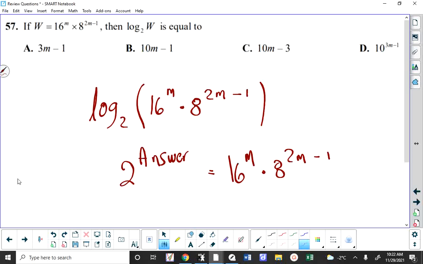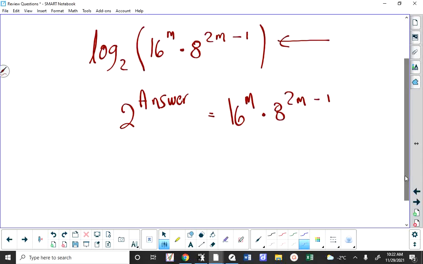Because this logarithm, which is what we want to find, is the exponent to which you raise 2 to get that mess of stuff. Now what we're really dealing with here is an exponential equation. You're trying to find the value of that exponent. And since 16 and 8 can both be written in base 2, I can write all of these in base 2 and compare the exponents.